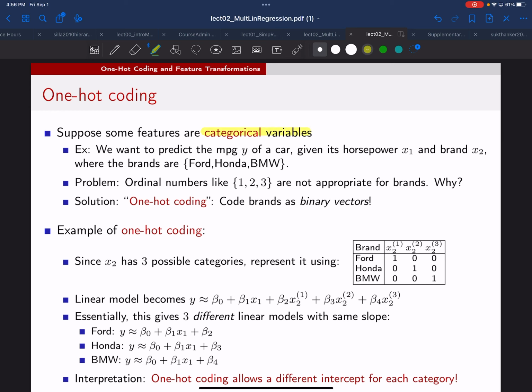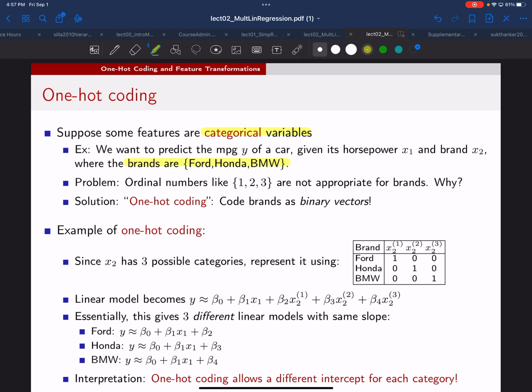So for example, let's say we want to predict the miles per gallon of a car given horsepower. So miles per gallon Y given horsepower X1 and the brand X2, where in this case the brands are Ford, Honda, BMW. So notice that it's very difficult to say with confidence that you have an order in there. Ford is less than Honda is less than BMW, right?